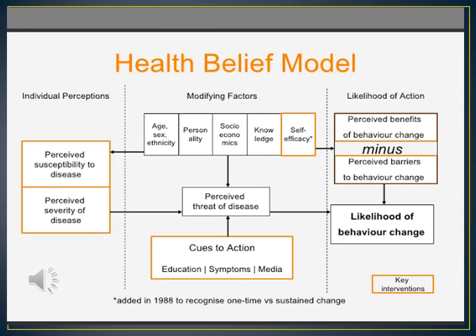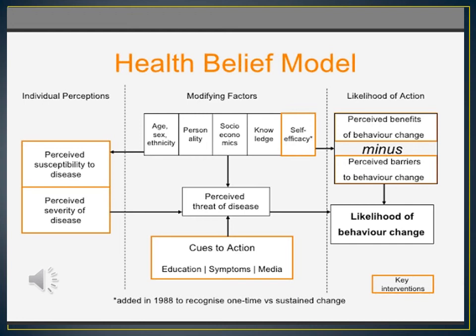In this picture we can understand how the health belief model works. On the first side are the individual perceptions: perceived susceptibility to a disease and perceived severity of disease.